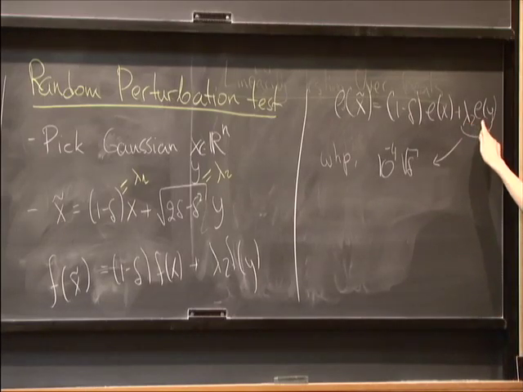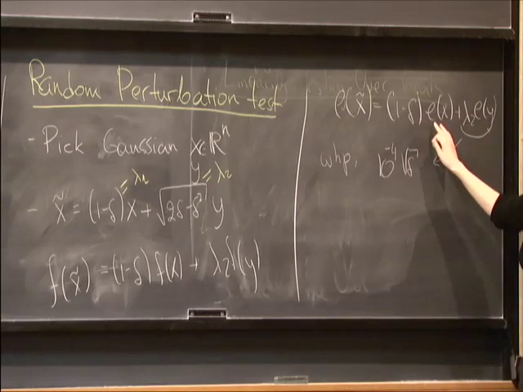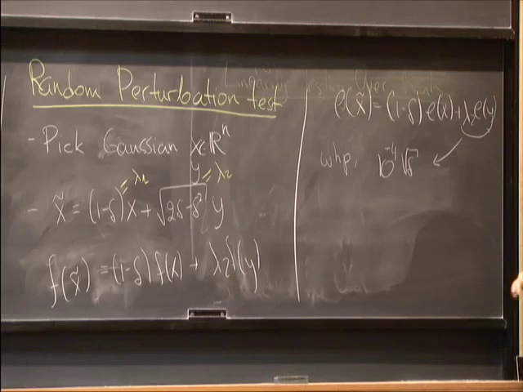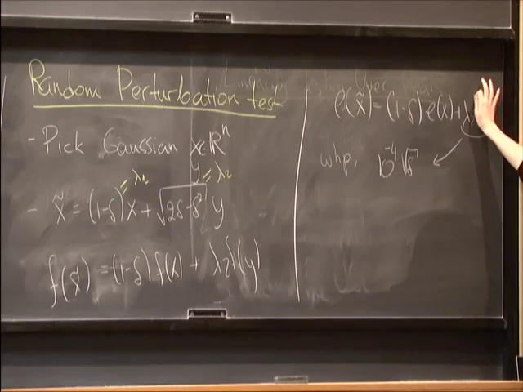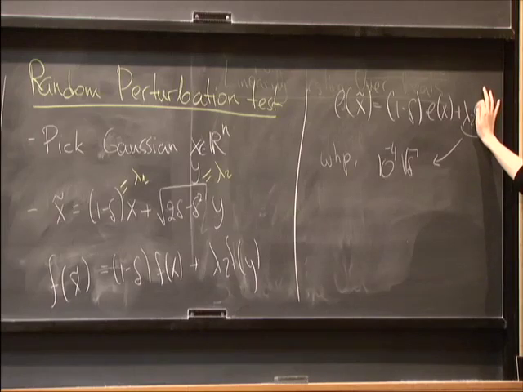Wait, where did that come from? Oh, we have a bound on the 2 norm of E, which is 10 to the minus 10 because of the linearity testing. So with high probability, the E part is going to be a very small constant.